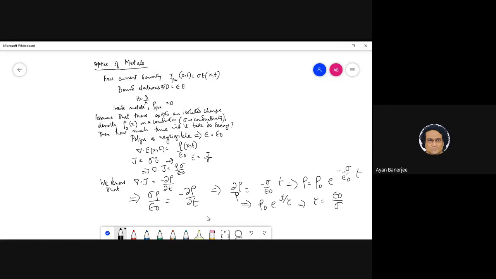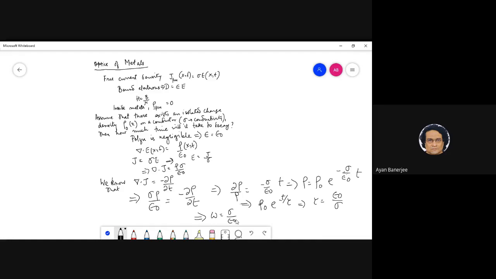This time scale corresponds to a frequency which is omega, some sigma by epsilon naught. And why is this frequency important? Because this is that DC thing that I was talking to you about.